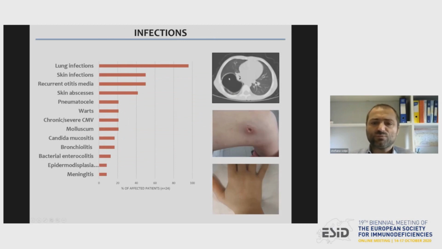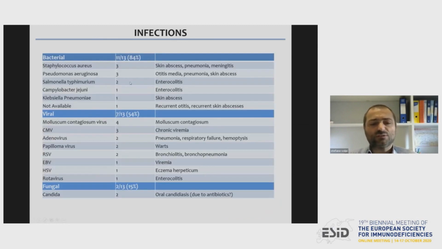Here you see a few patients that present with pneumococcus, and also skin infection with abscesses, warts, molluscum contagiosum, and recurrent otitis media. There are at least 5 patients with chronic or severe CMV, or CMV pneumonia, and a couple of patients that died: one for sure, and the second probably, because of adenoviral infection.